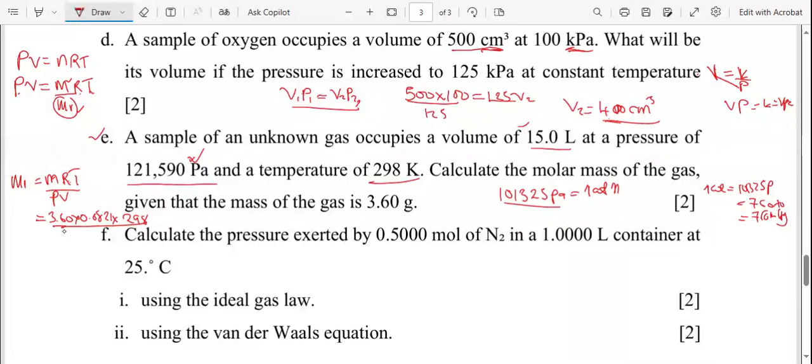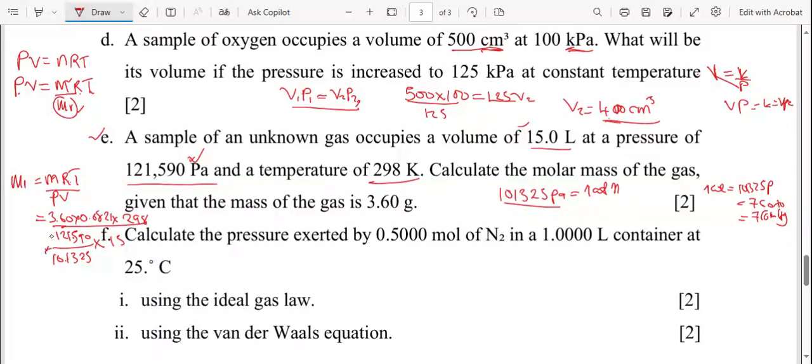So that means I have the pressure in pascals, 121,590, then divide by 101325, times the volume, which is now given as 15 liters. So when you start with this one, punch that.